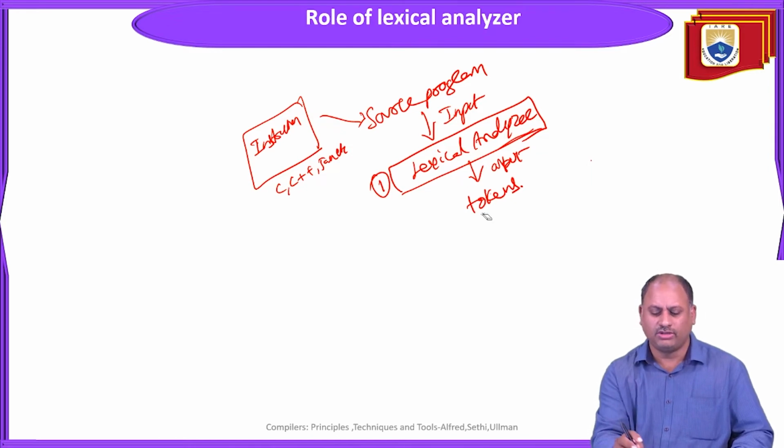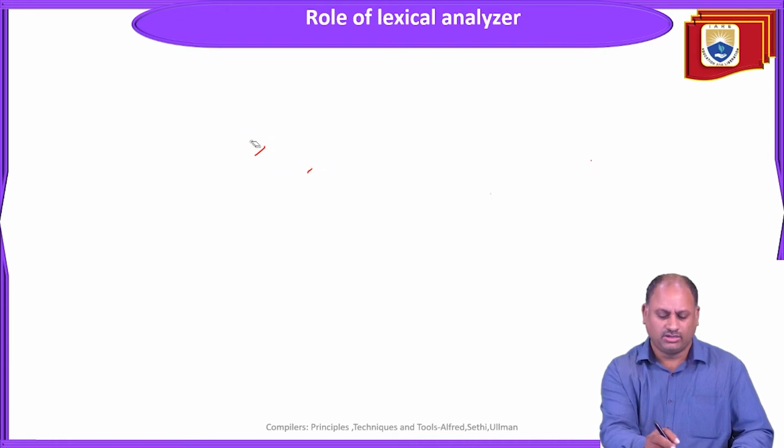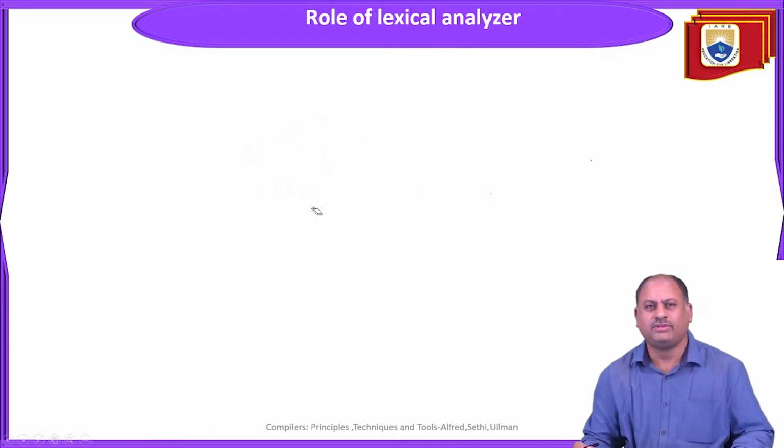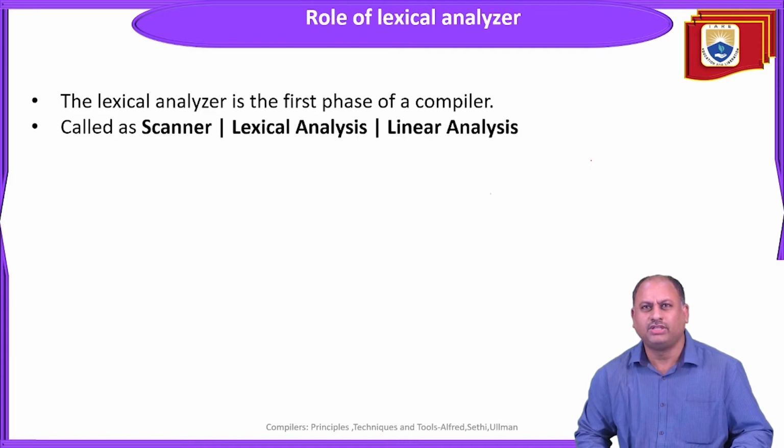Now let us see how the lexical analyzer internally computes the process of token delivery. We already know it is the first phase of the compiler, because the compiler contains a total of 6 phases. The lexical analysis phase is also called the scanner.